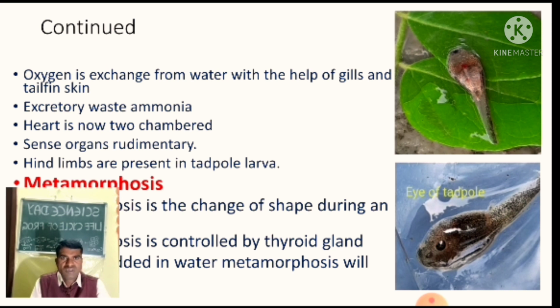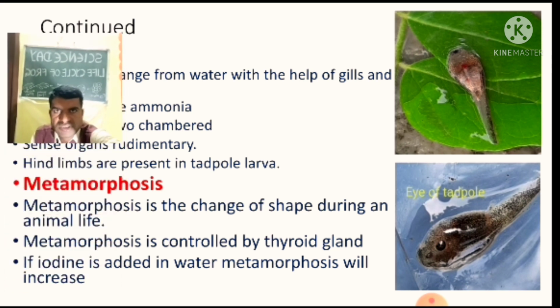When aquatic animals are living, at that time they are releasing ammonia. The excretory product is ammonia, so they are called ammonotelic organisms. Heart is now two chambered, one atrium and one ventricle. Limbs are present in this tadpole larva stage. So internal gills and external gills are both forming.